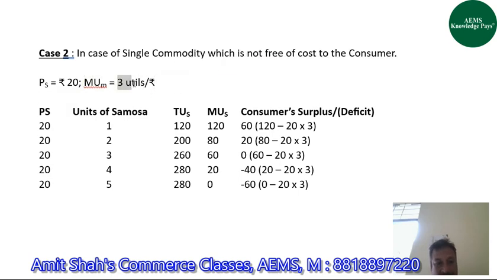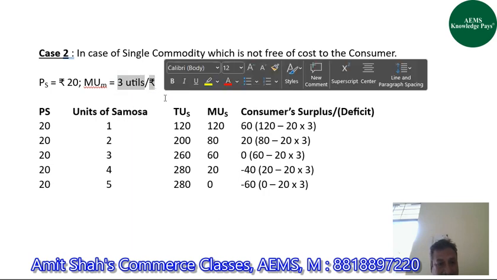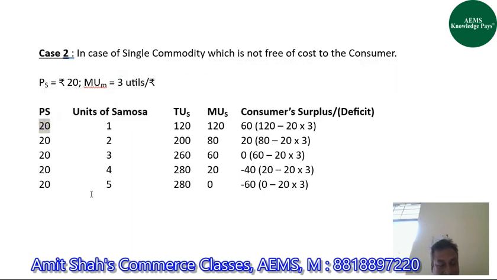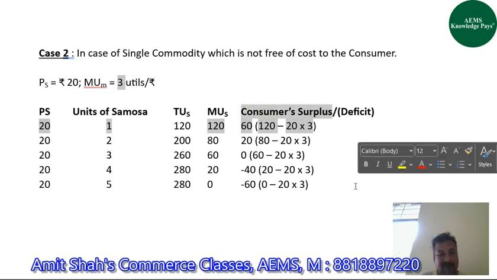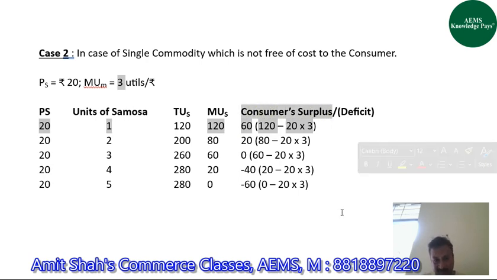Means he expects 3 utils by spending a rupee. Here he spent 20 rupees to have first samosa because the price of samosa is 20. So how much he's expecting is 20 into 3, 60. But how much he actually got is 120. So how much extra he got is 60 utils, and that is what is consumer surplus. Correct?